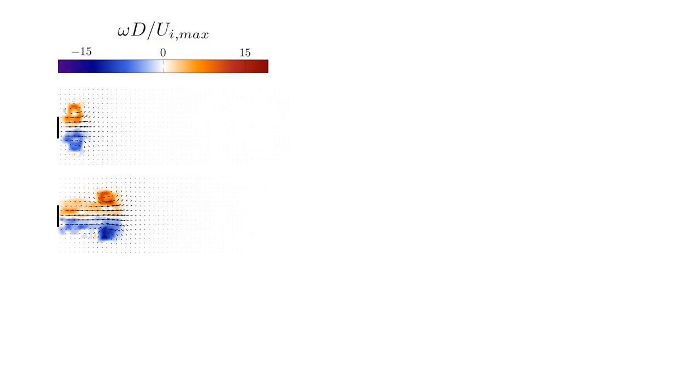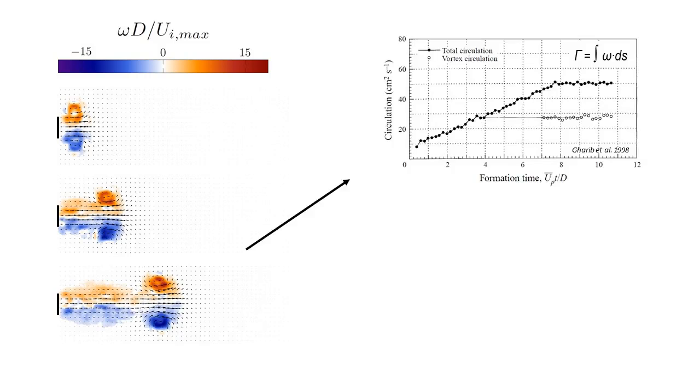However, eventually, we notice the commencement of pinch-off, where the vortex ring achieves steady-state circulation, and its circulation no longer increases beyond that point. We note this point when the vortex ring achieves steady-state circulation and compare it to the circulation in the wake, and this time is known as pinch-off, or the formation time.